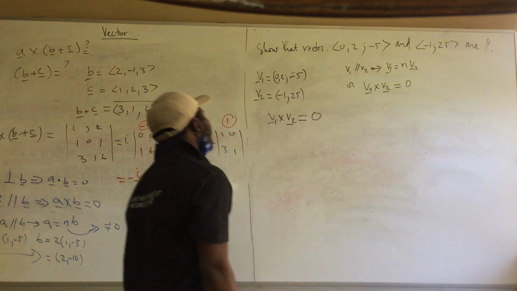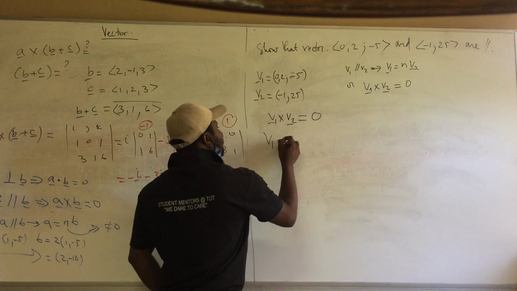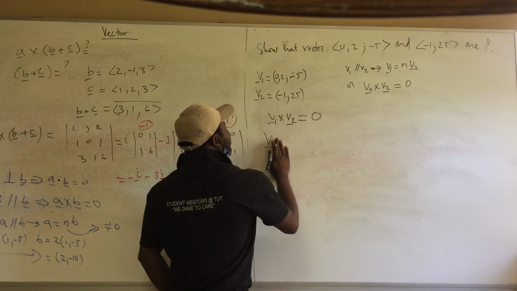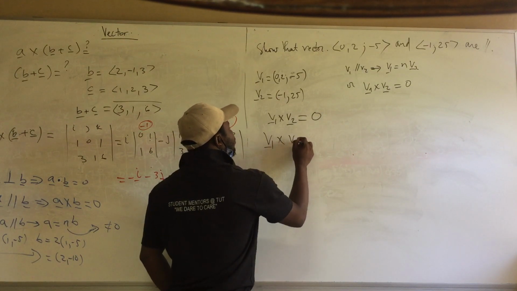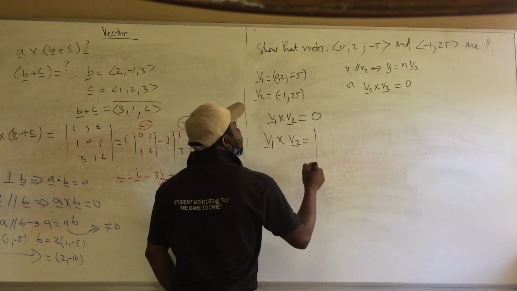Let us do this one, cross multiplication. V1 cross V2 is going to give you what?